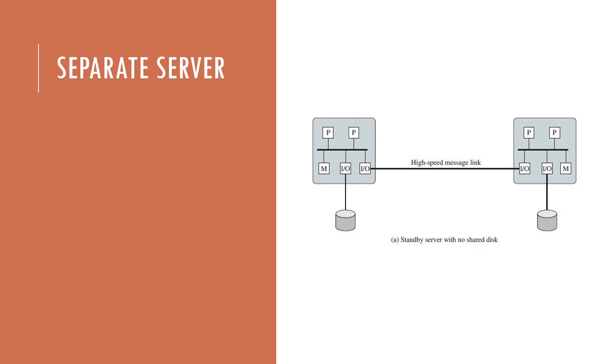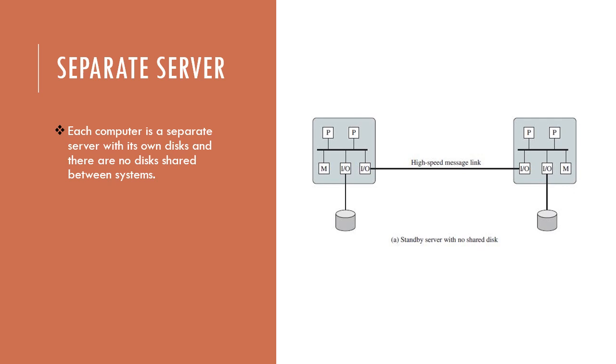Let us look at the separate server. Each computer is a separate server with its own disks, and there are no disks shared between systems. This arrangement provides high performance as well as high availability.